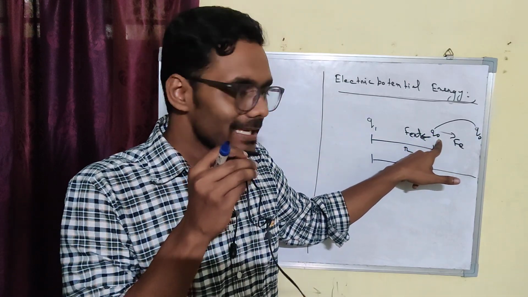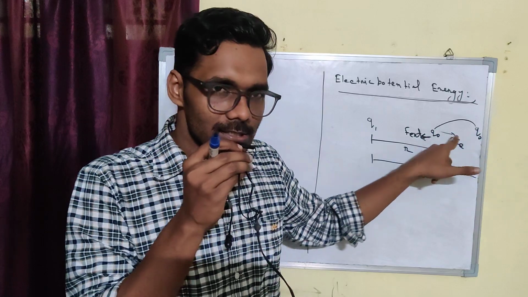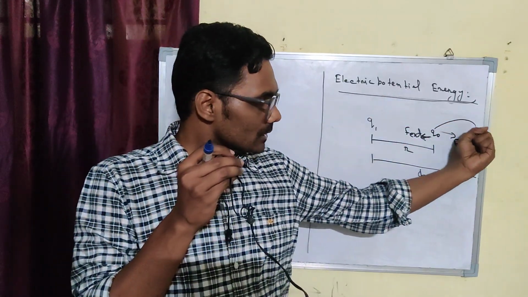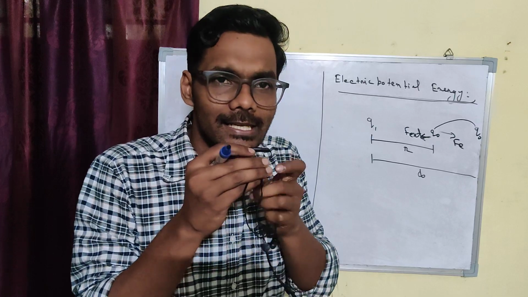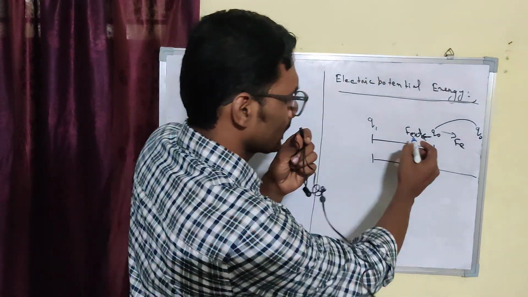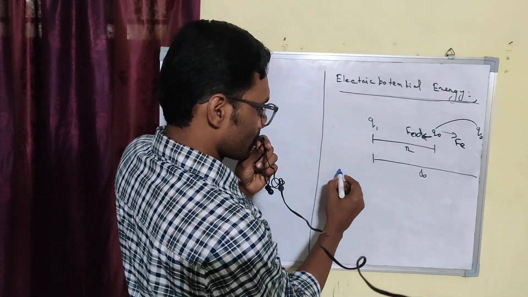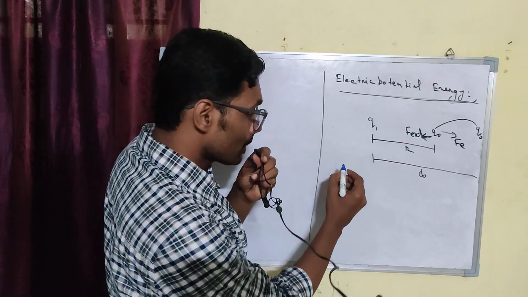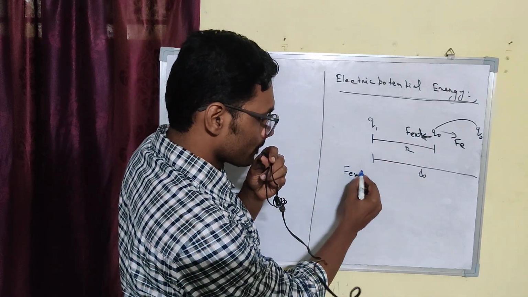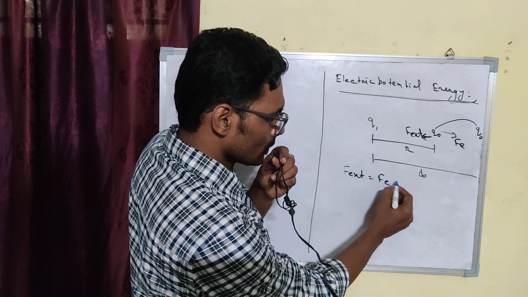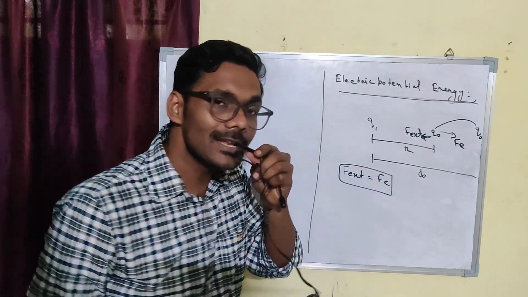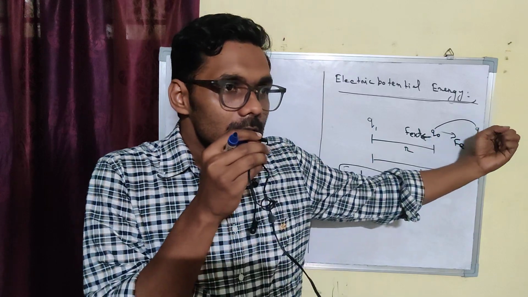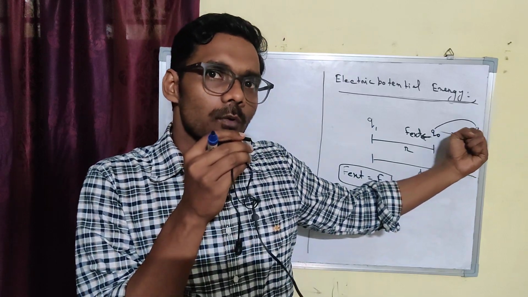Because the electric force is in this direction, away, so I have to apply some external force. Remember that the external force is equal in magnitude to the electric force. That's why the displacement will be very small.